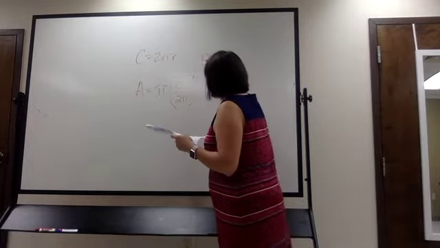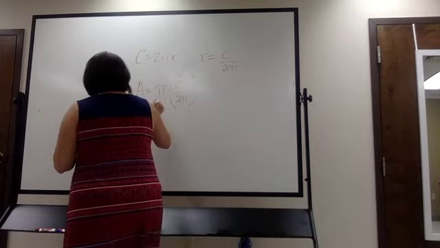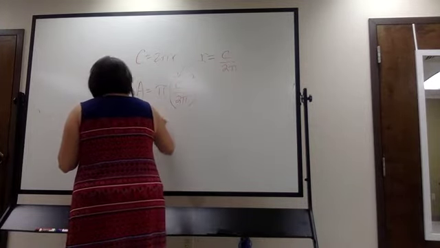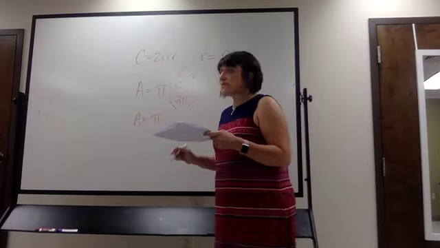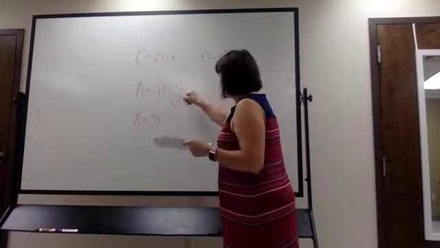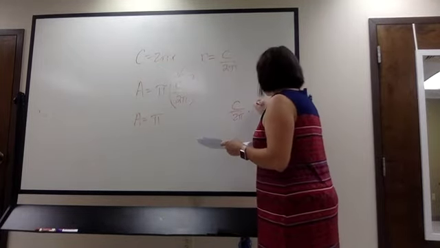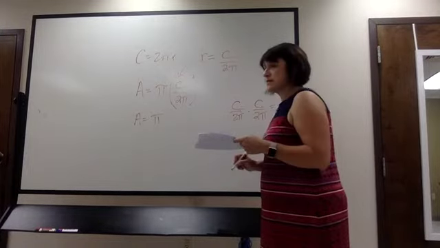She put in the r right here. And what I'm just saying is you need to go ahead and keep working. So what's C over 2 pi squared? Whatever's in here gets multiplied by itself twice, right? So what does this equal? What's C times C? C squared.